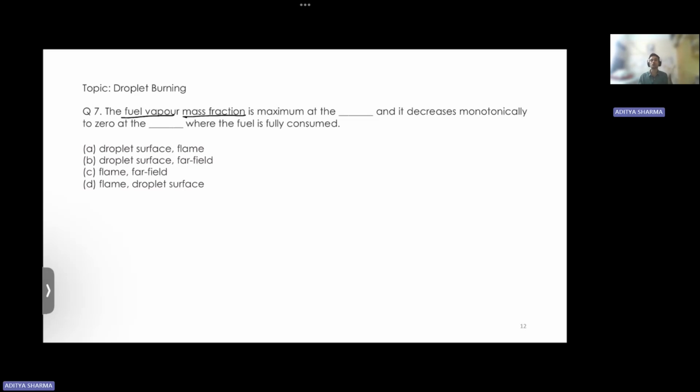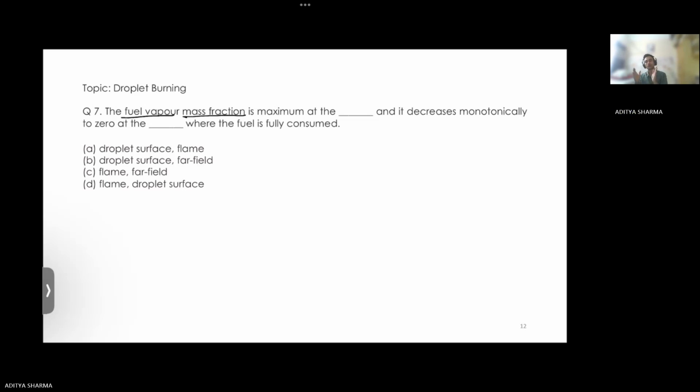There is one zone between your droplet surface and flame, that is the inner zone, and one zone between your flame and your far field, that is the outer zone. From your outer zone you get the oxidizer, and from your inner zone you get the fuel.